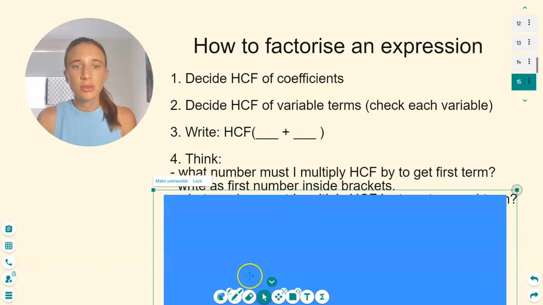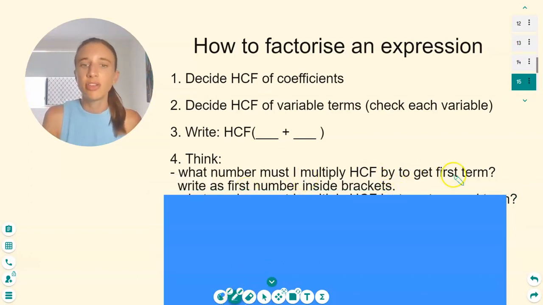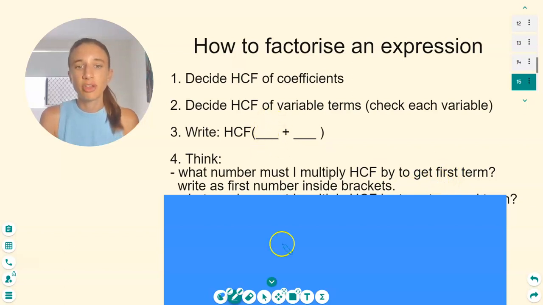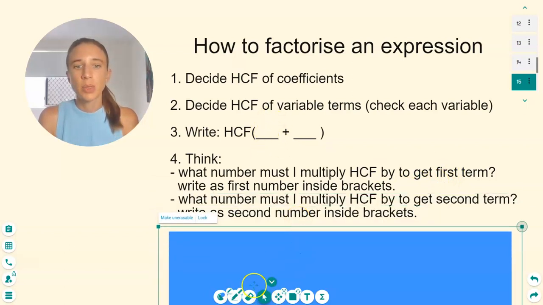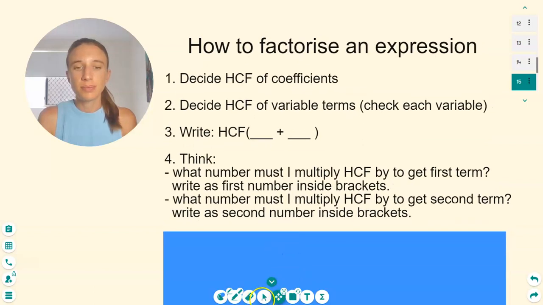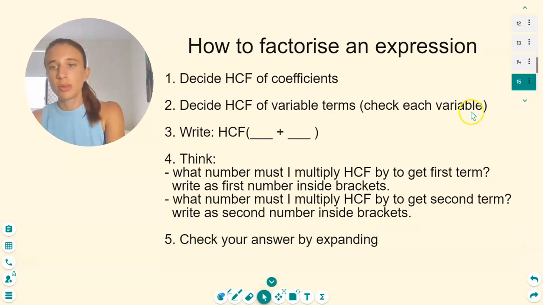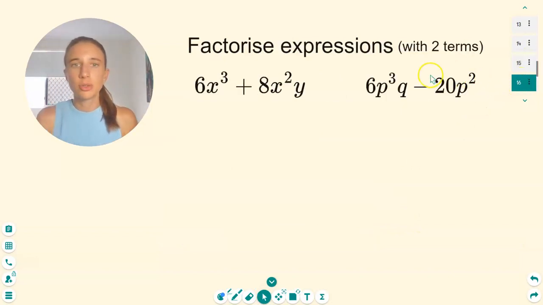And then we ask: what number must I multiply the highest common factor by to get the first term? That's the first number in the brackets. What number must I multiply the HCF by to get the second term? You write that as the second number. Then we check our answer by expanding.